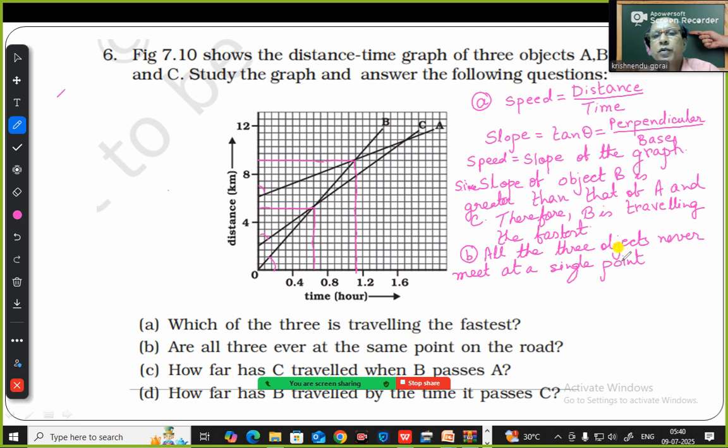We are not getting a single point where all three lines meet. Therefore, all three objects never meet at the same point on the road.